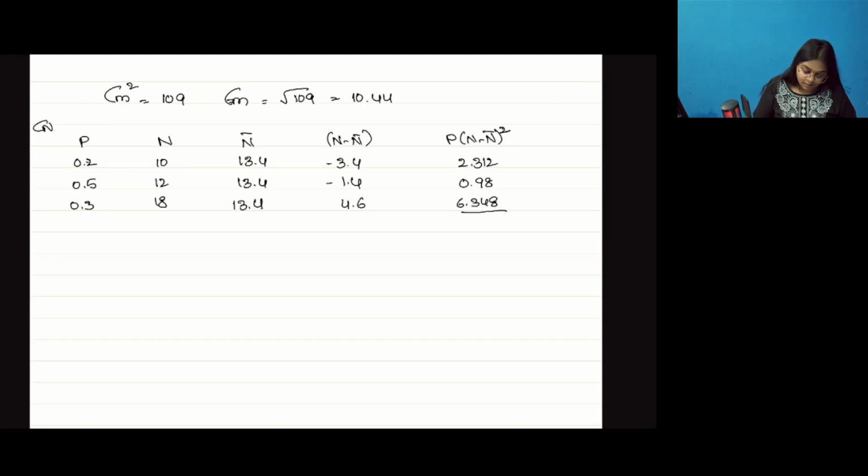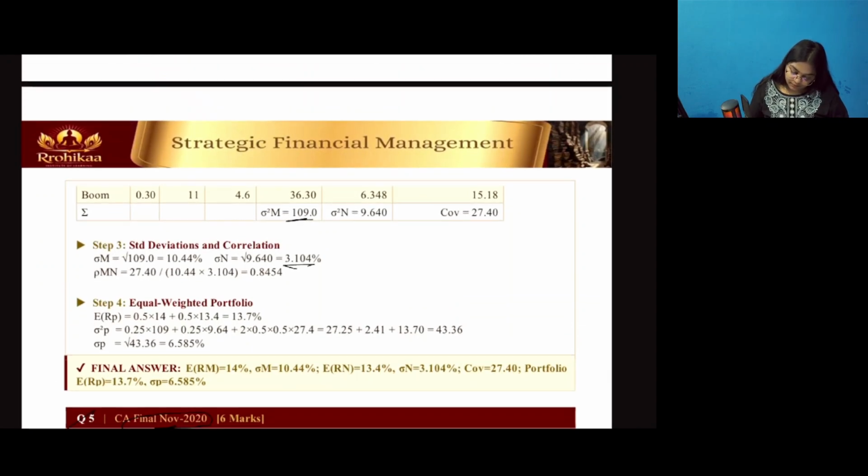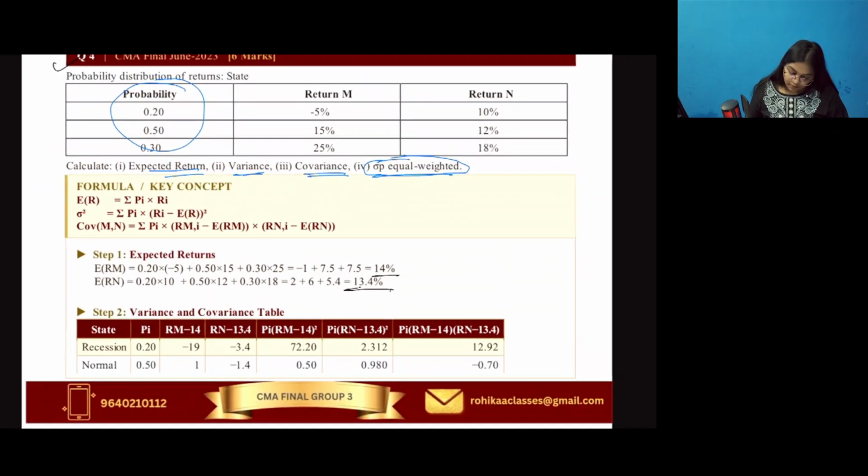Total will be 9.64. Sigma n square equals 9.64. Sigma n equals square root of 9.64, that is 3.104. So now expected return and variance are done.